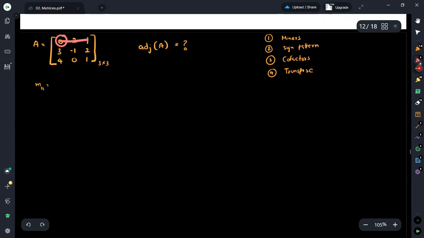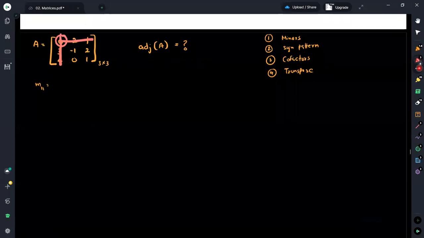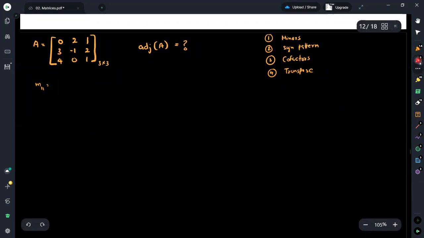Then we have to cut down the row and column associated with that. Therefore, the remaining elements are minus 1, 2, 0 and 1. M11 can be obtained by taking the determinant of minus 1, 2, 0, 1, and once you perform the calculation, you will get minus 1 minus 0, which equals minus 1.